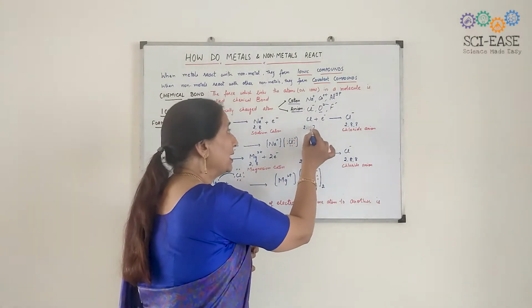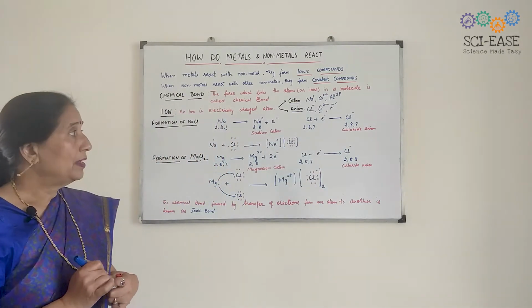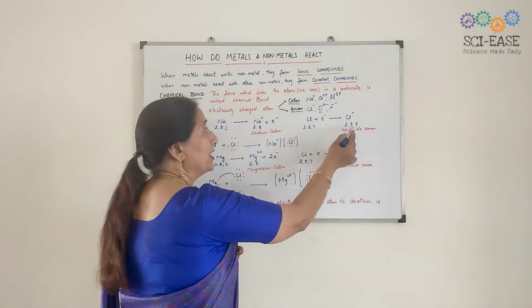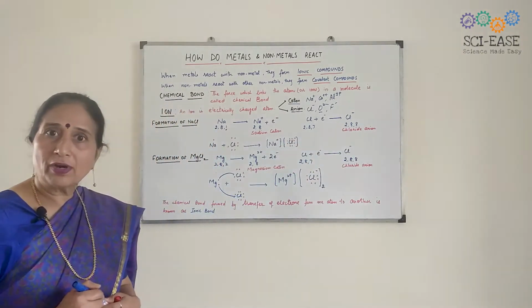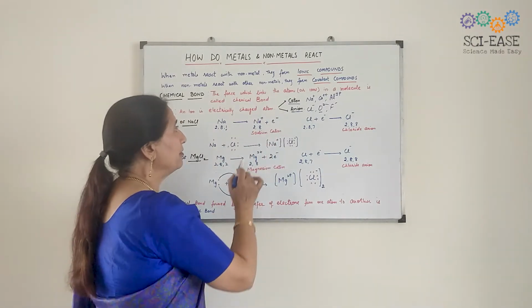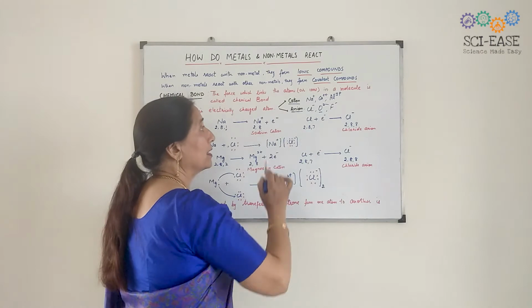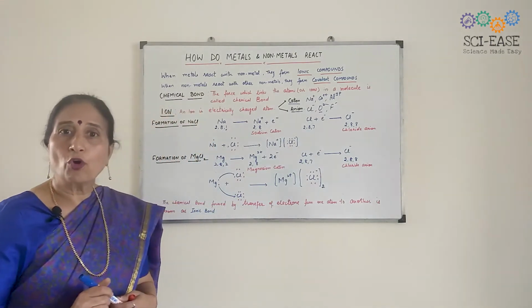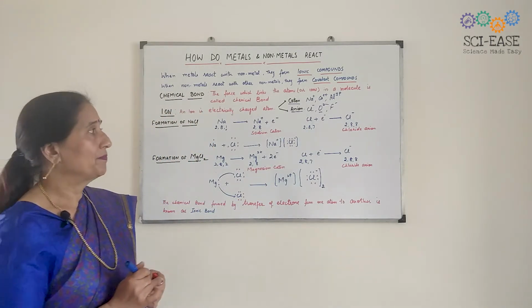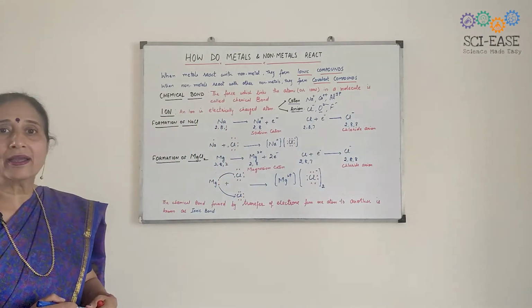So only one electron is required, and it will gain the nearest noble gas configuration of argon. So this one electron which sodium loses will be gained by Cl to form Cl-. And what is this now known as? Chloride anion.